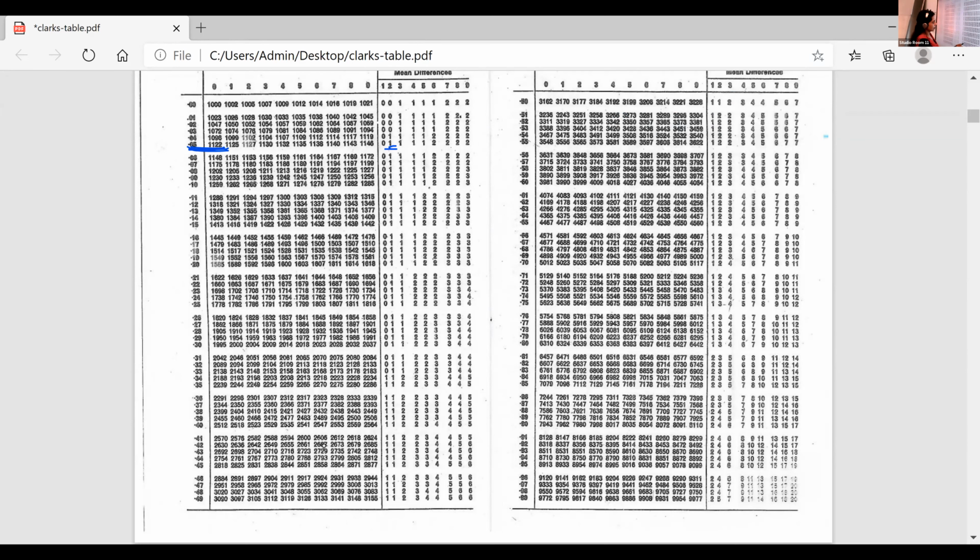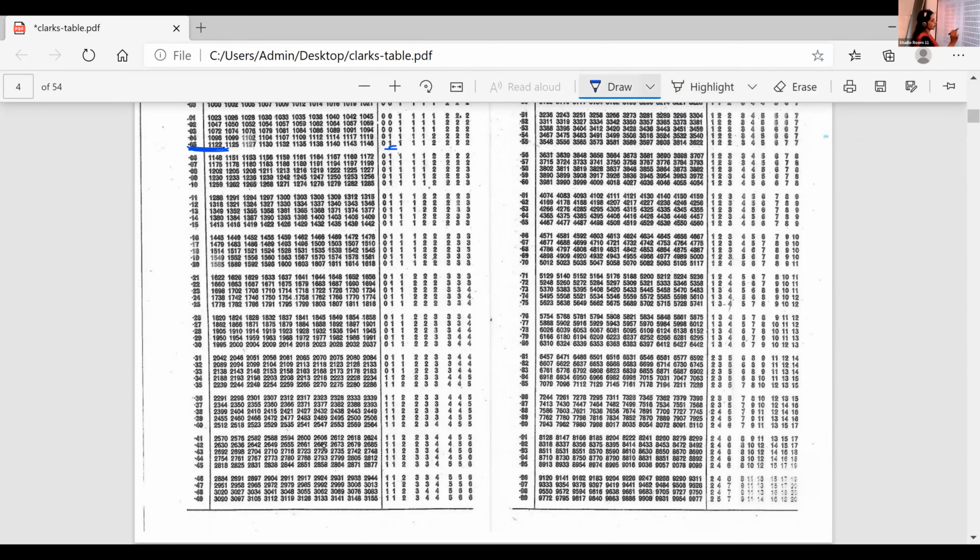The highlighter is not working. Children, can you tell me the values? If I underline, will you be able to find it? 0.9364. Check it. 93, then 6, then 4.